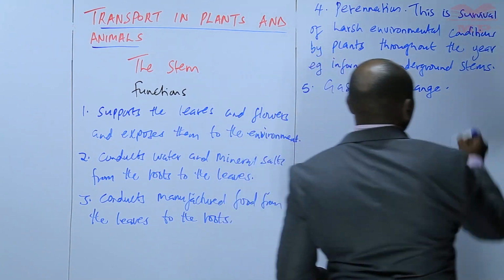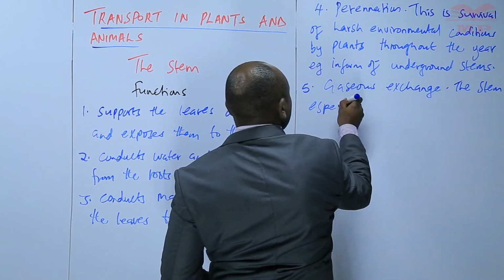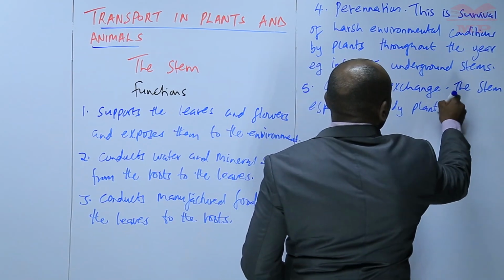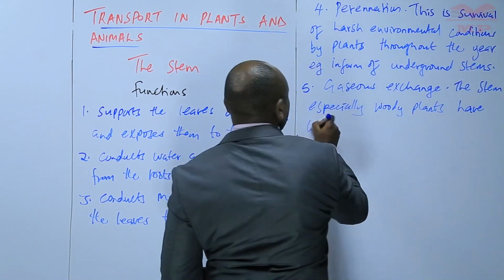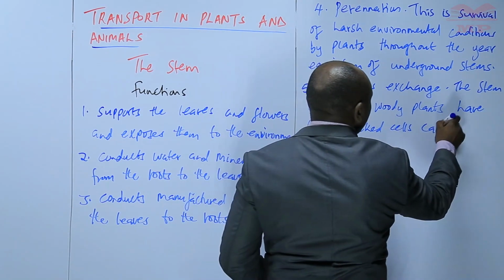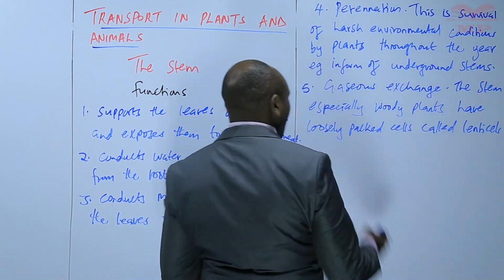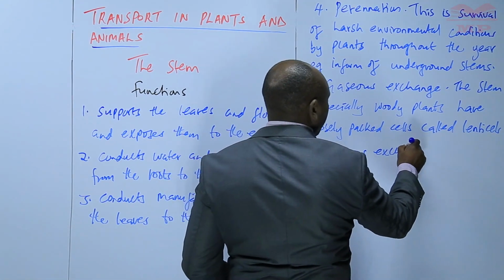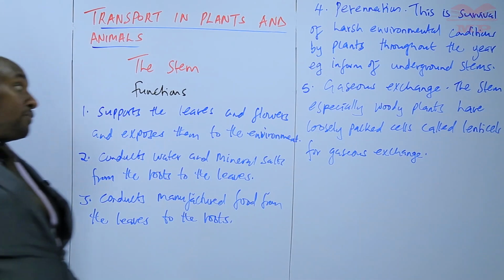And we can say that the stem, especially in woody plants, has loosely packed cells called lenticels for gaseous exchange. So basically, those are five functions of the stem.